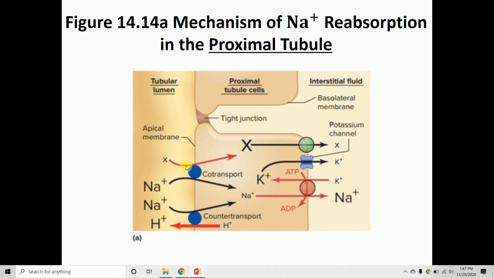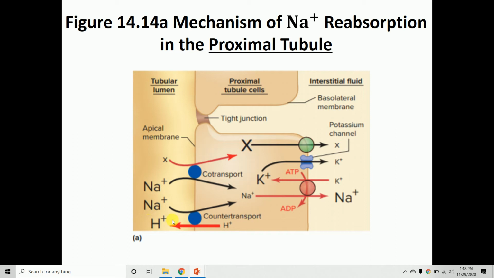Co-transport means transporting the molecule in the same direction as the flow of sodium. For example, glucose can be co-transported with sodium in the proximal tubule, and then glucose crosses the basolateral membrane through its own carrier. These carriers can be saturated in diabetic patients, leading to the inability to reabsorb all of that glucose, and glucose eventually appears in urine.